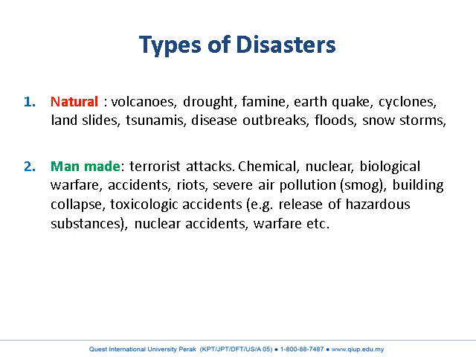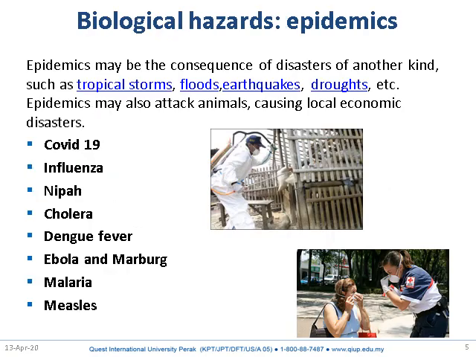Okay, it's clear, right? Now, these are the various biological hazards, which can be epidemics. Epidemics may be the consequence of disasters of another kind. Sometimes disasters like storms, floods, earthquakes, and droughts can lead to epidemics also. Epidemics may also attack animals, causing local economic disasters.